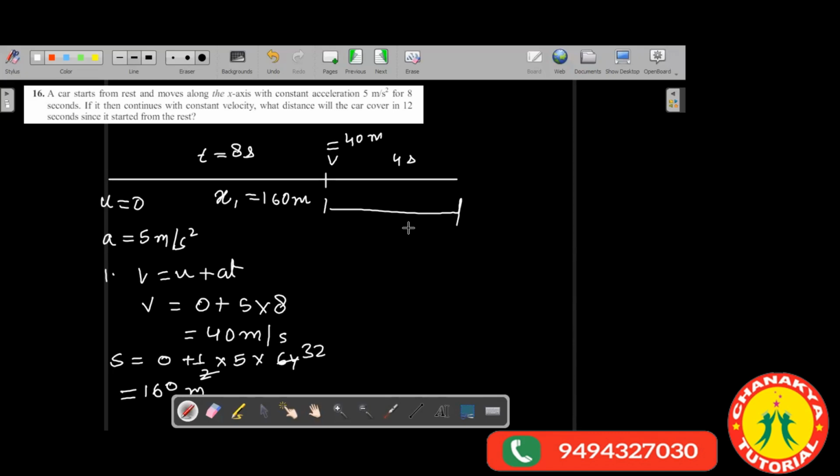Yeah, for the remaining journey, now the velocity is 40 meter per second. It has reached the velocity of 40 meter per second. Okay. So tell the distance.